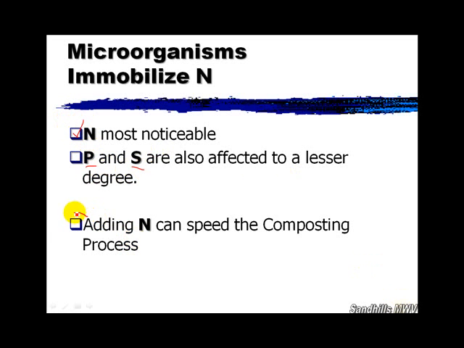So if you're doing a compost pile of stuff with low nitrogen like sawdust or leaves, home lawn leaves, leaf litter, you can add a little bit of nitrogen.